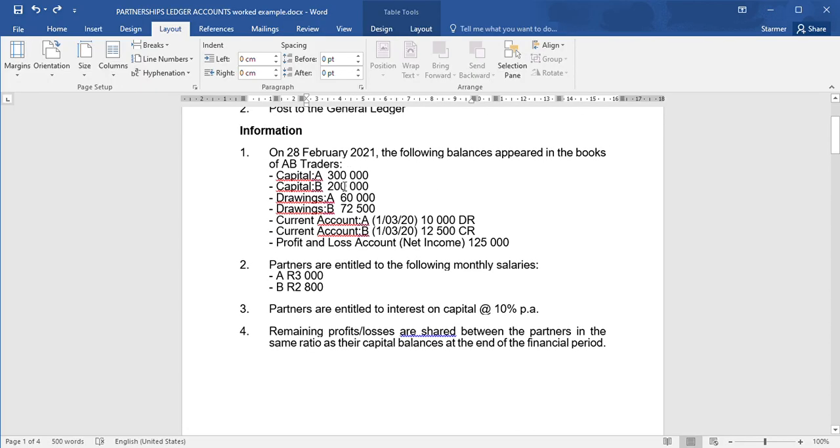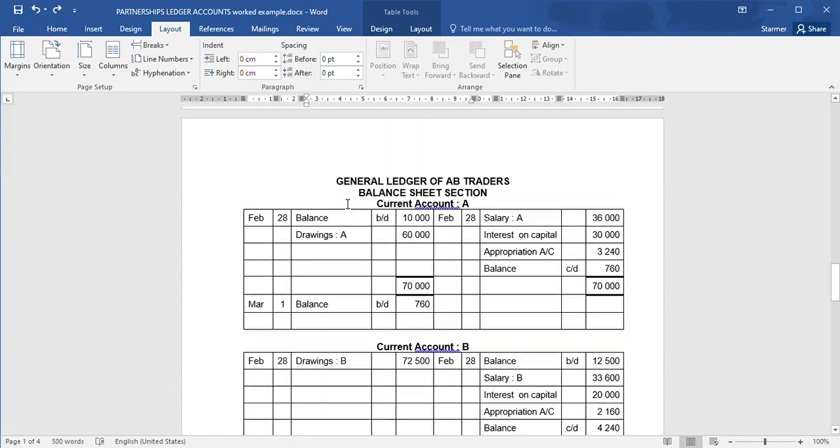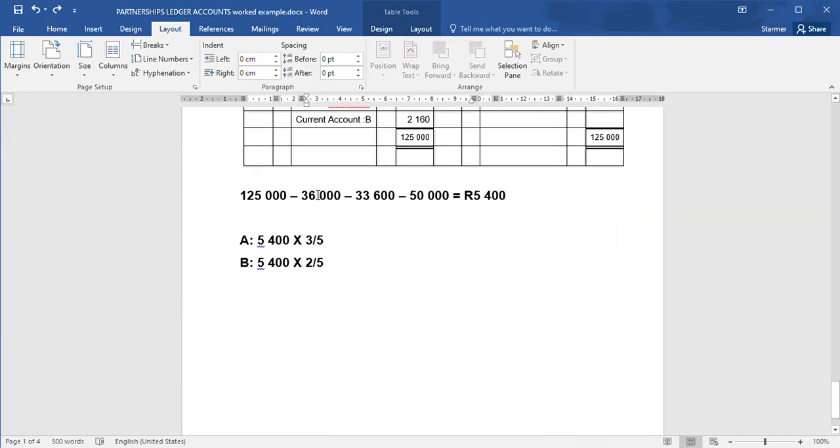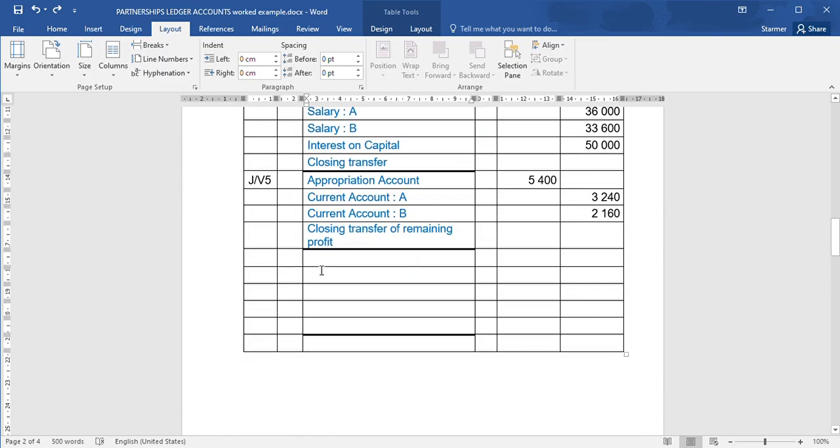So their capital balances are 3:2. So over here you're going to take that remaining profit of 5,400, give 3/5 to A and 2/5 to B. And that will be this entry here. Can you see that it's going to end up on the plus side of current accounts because the business made a remaining profit?